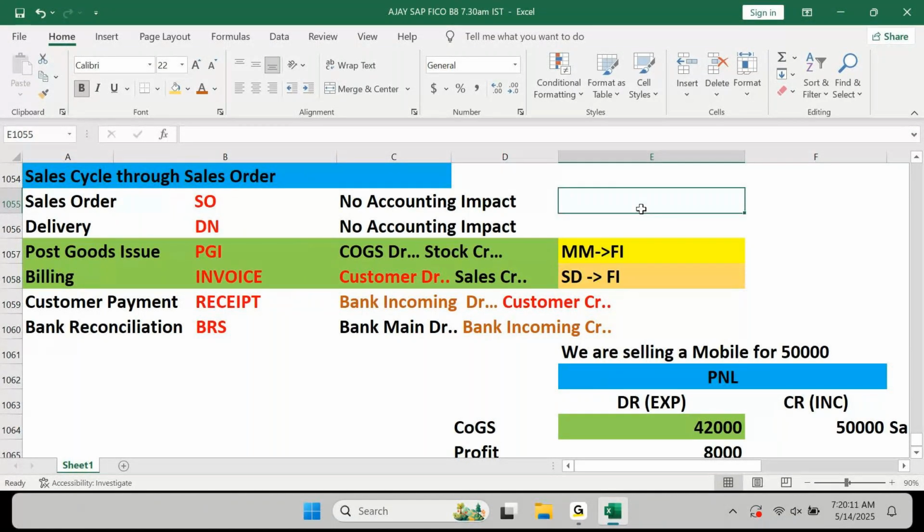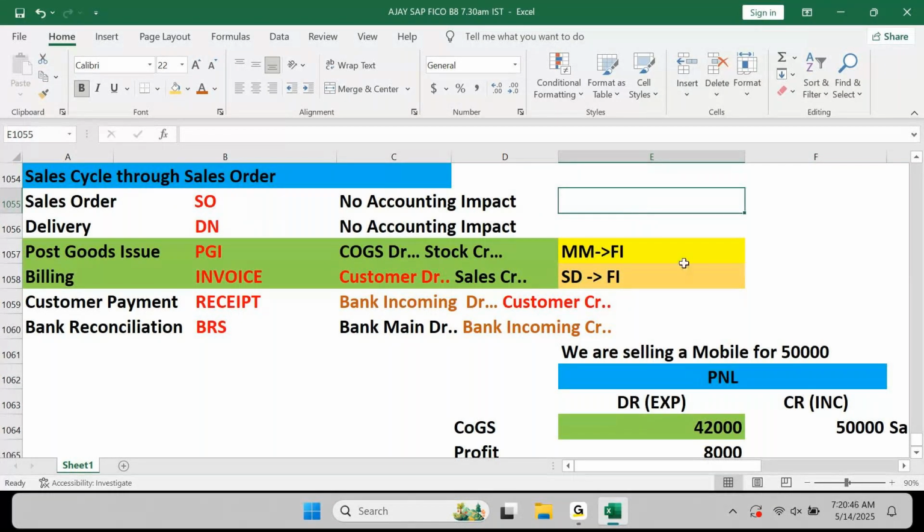You will be questioned in your interview how these are coming, from where the entry is coming, from where you will maintain the accounts. And if you are telling it is SD integration, SD flow, everything is part of SD, then you're wrong. It is flow of SD, but somewhere MM is coming into the picture. Somewhere MM is also involved, which we need to understand. Accordingly, you need to tell. Otherwise, you'll not be able to understand it tomorrow.